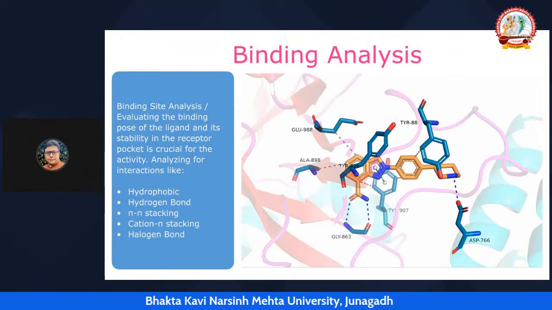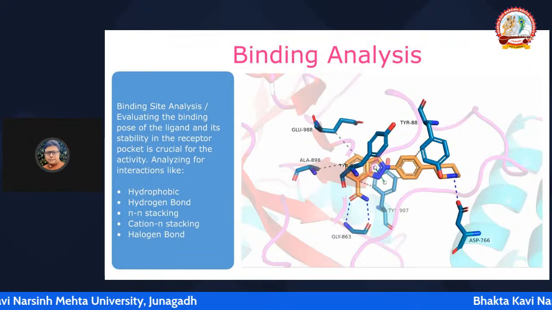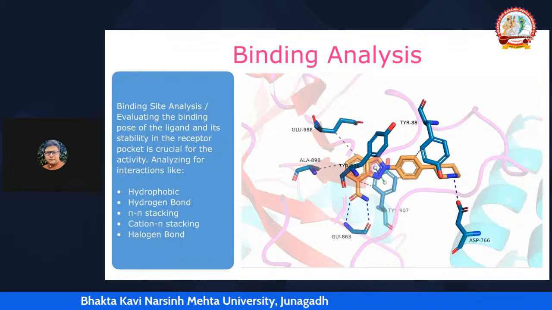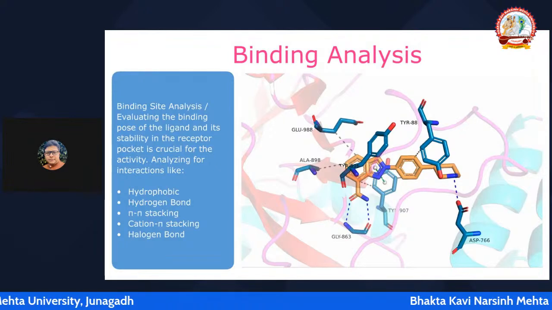Then, of course, last we have what is called as the halogen bond. Halogens like fluorine or chlorine also can form a bond, like a hydrogen bond, with electronegative atoms in the vicinity. Such are referred to as halogen bonds.